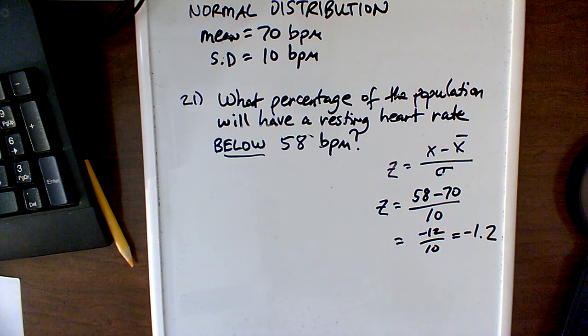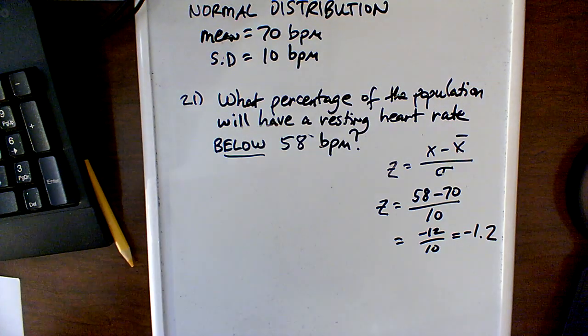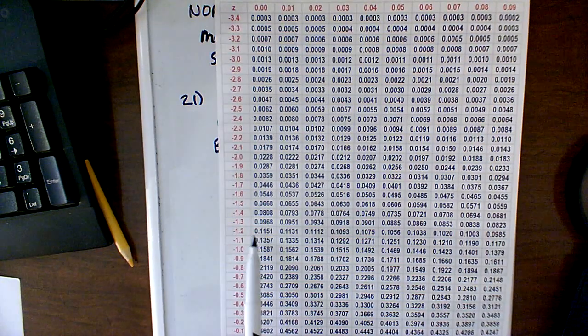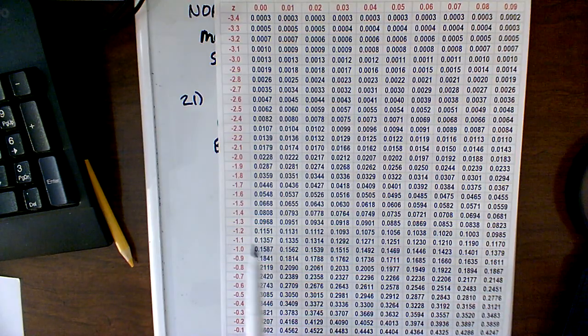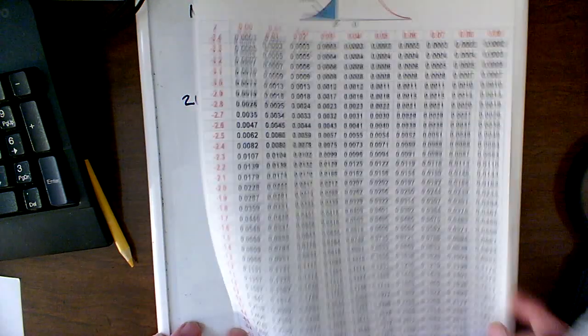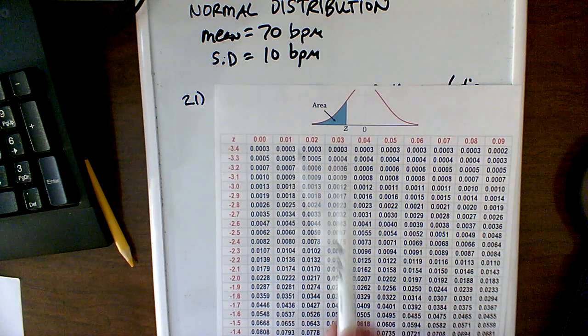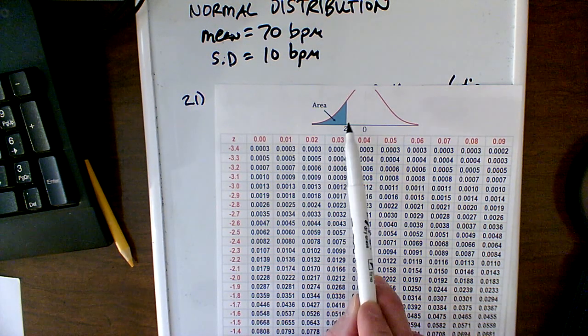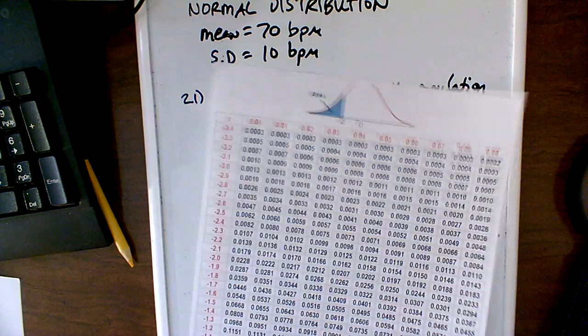So we still have a negative z-score, so we're going to pull out our negative z-score chart, and at negative 1.2 it's 0.1151. And so notice all of our areas are to the left. All our z-scores are to the left on the curve.